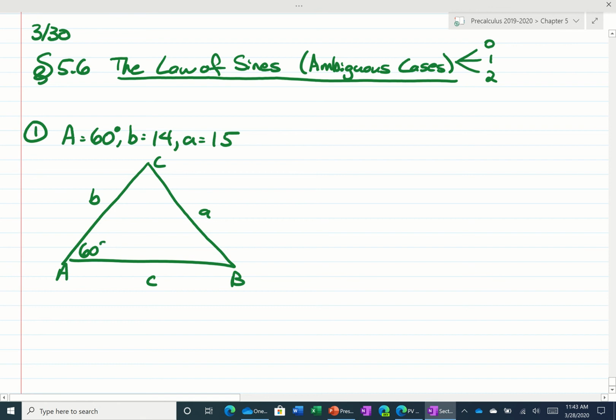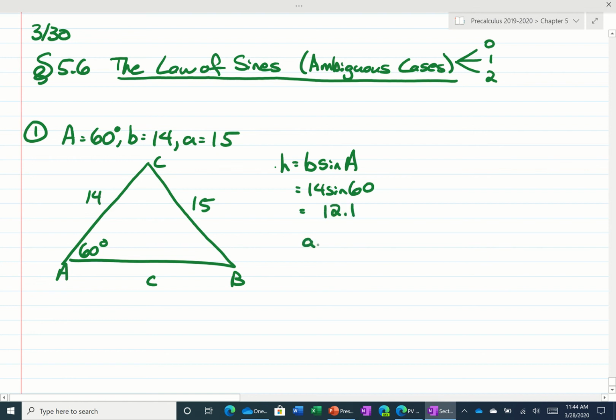So this would be 60 degrees. We know A and B. And we're going to find the height. The height, if you type in 14 times the sine of 60, comes out to be 12.1.